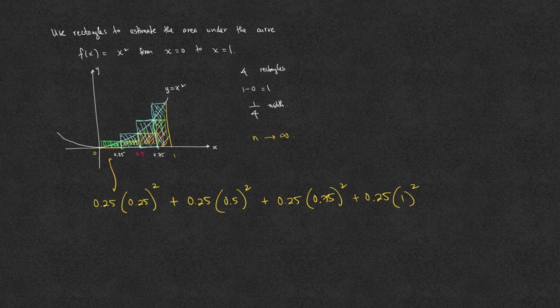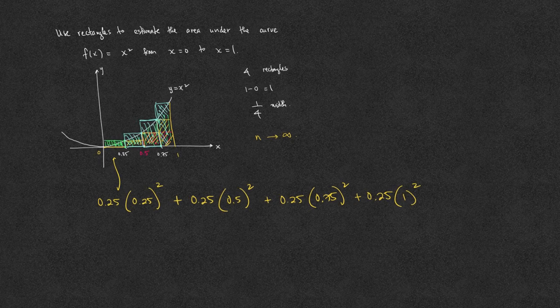Usually, and again, we would use either the left or the right endpoints throughout. Since the width is 0.25, we would factor out 0.25 and simply add the heights. The height is 0.25 squared, and then the next one is 0.5 squared. The next one is 0.75 squared. The next one is 1 squared. And again, these heights are the values of the function.